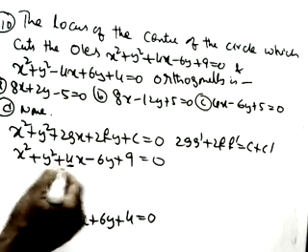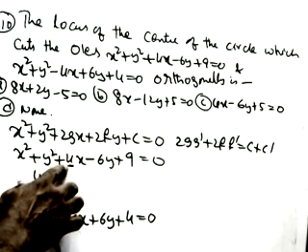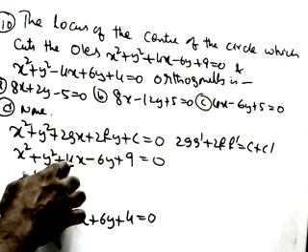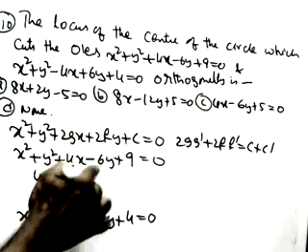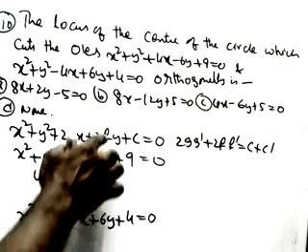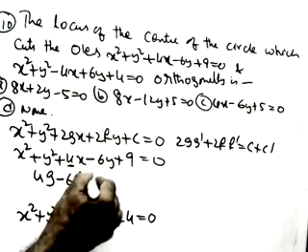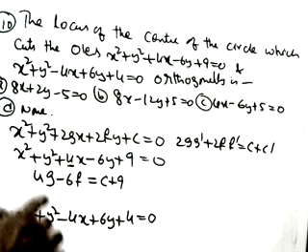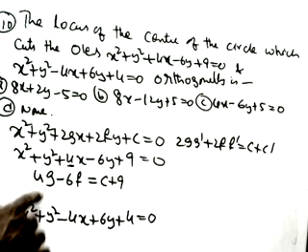Suppose this is 2g'. 2g' is 4 here. Now g' is g. Watch carefully. 2f' is minus 6. f' is f, equals c plus c'.